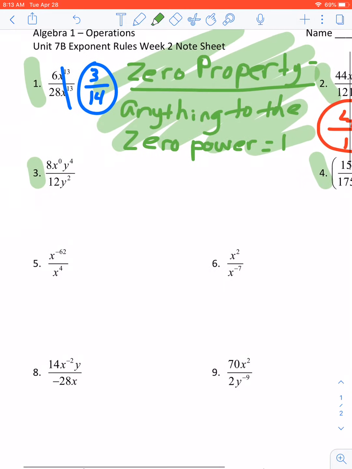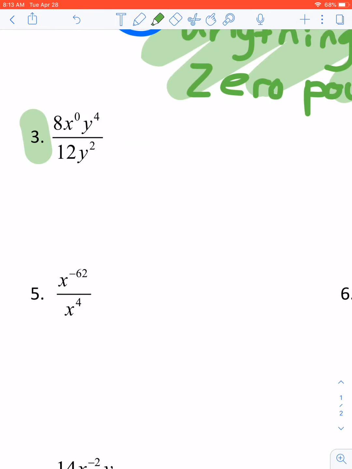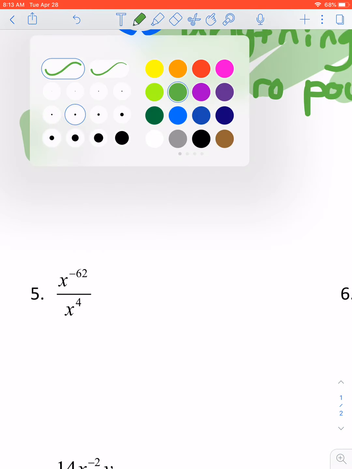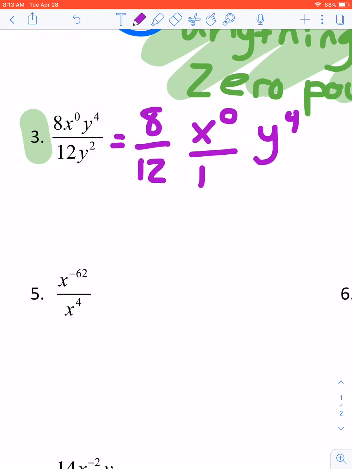So let's look at this problem here. Let's look at number 3. I have 8 over 12, and then I have my x to the 0, y to the 4, y to the 2. So let's separate that up. I'm going to have 8 and 12. I'm going to have x to the 0 over nothing, so 1, and then y to the 4 and y to the 2.